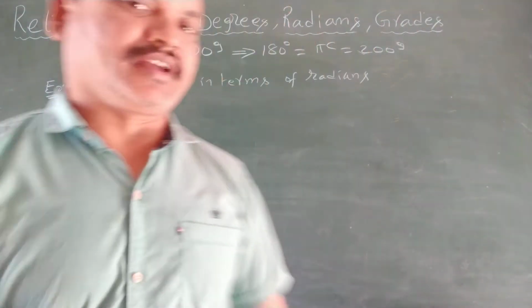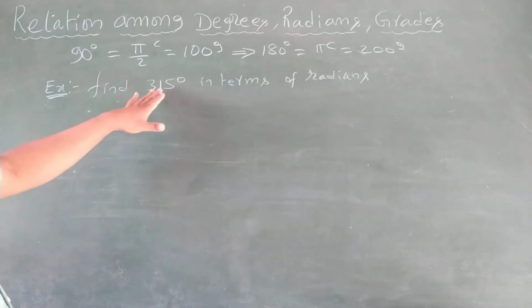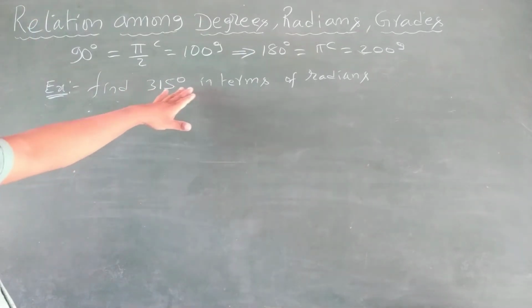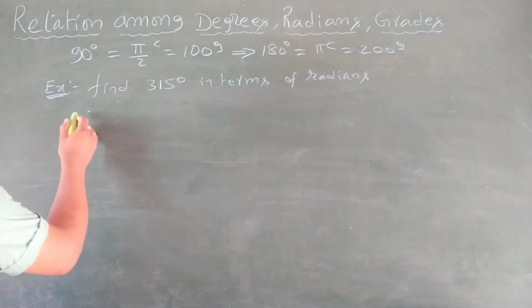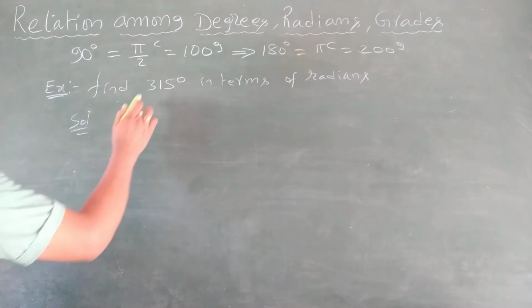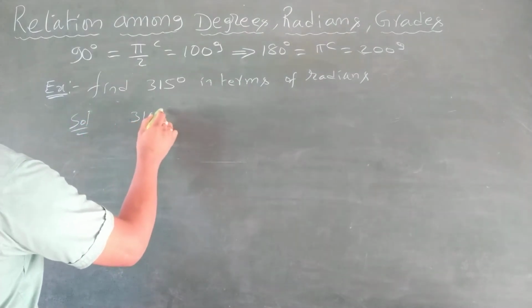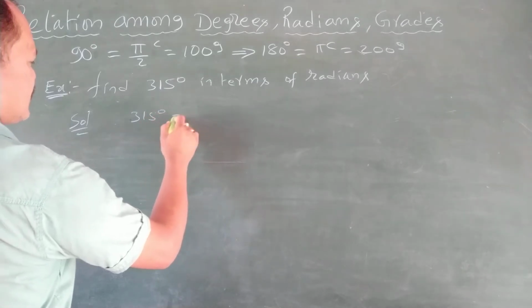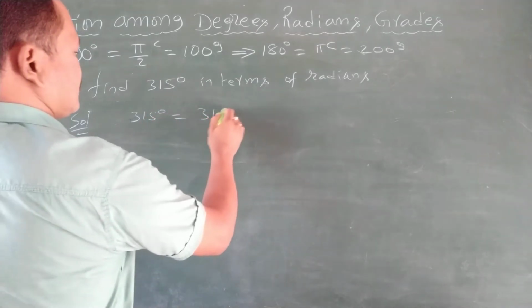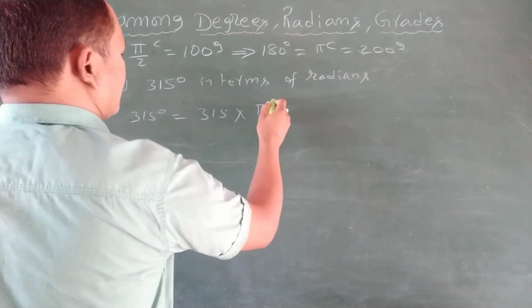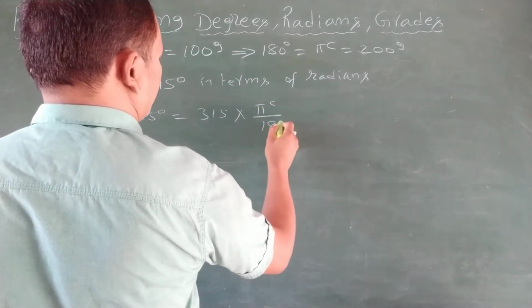Now one more example: find 315 degrees in terms of radians. Solution: 315 degrees can be written as 315 into pi radians by 180.